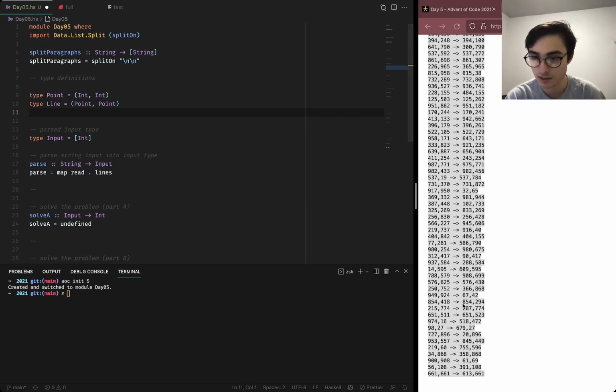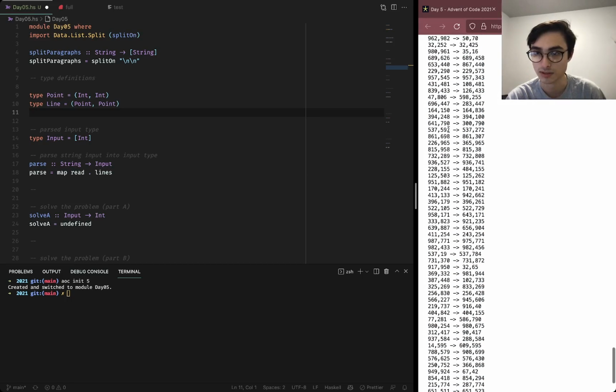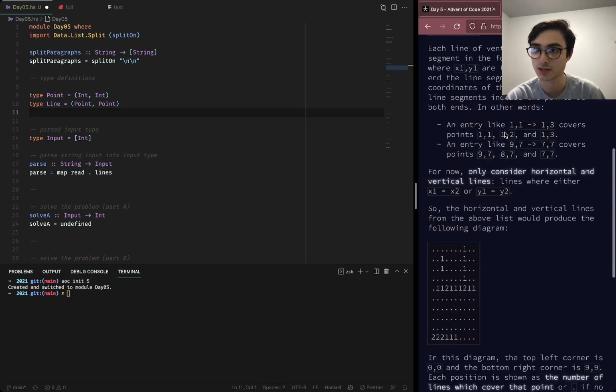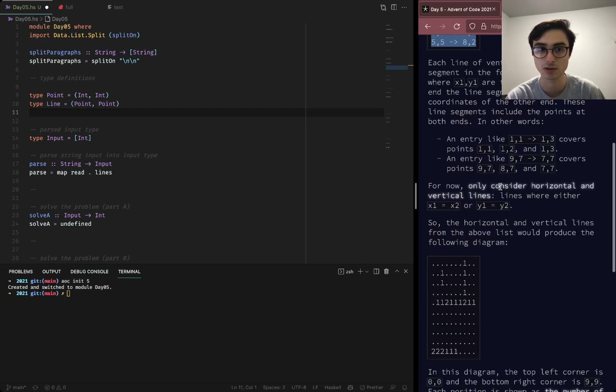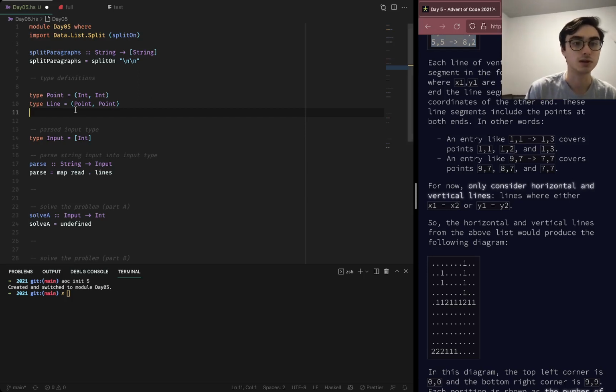I don't think all our lines are just horizontal and vertical. So we'll have to filter down to either horizontal or vertical lines. So let's see.